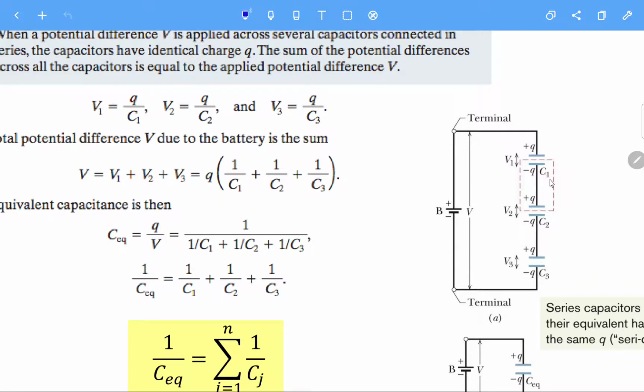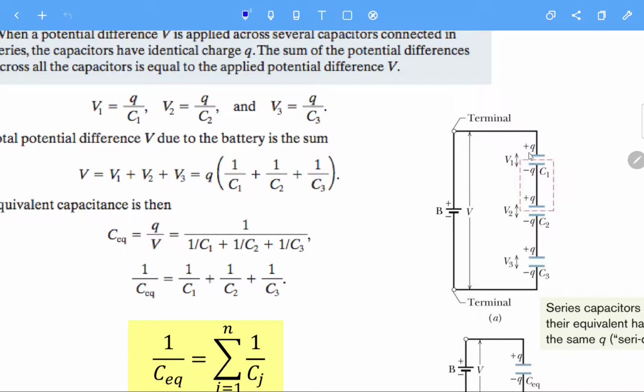Because if you don't have any battery here, this node should be electrically neutral, which means that the total charge at this node should be 0. So after you connect the battery, the charge amount won't change because no charge can go into this region.